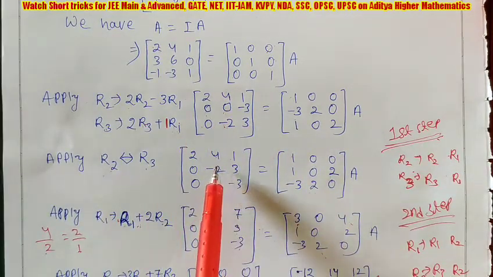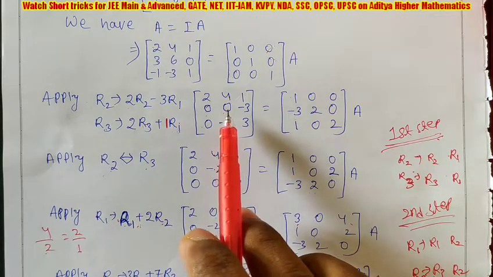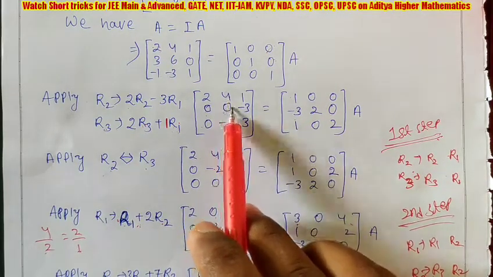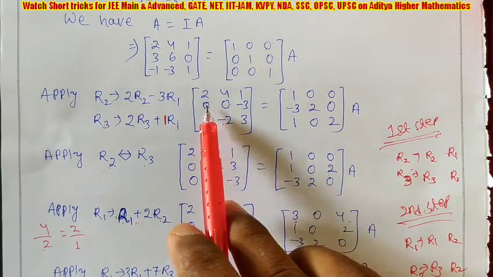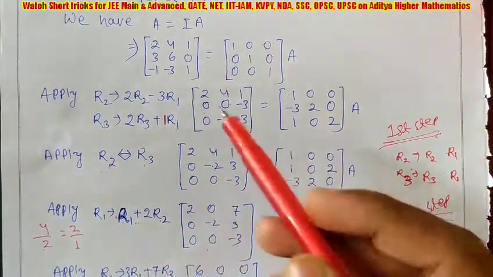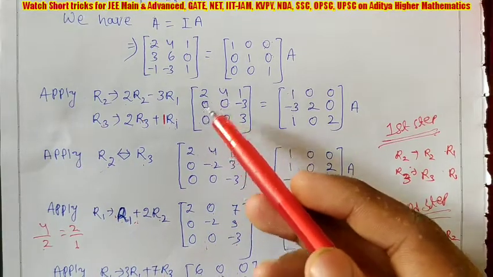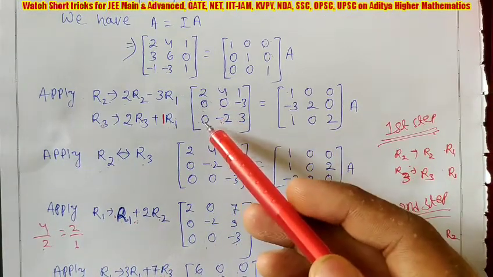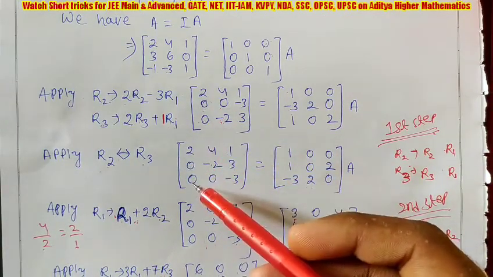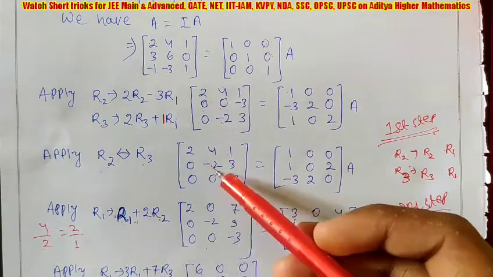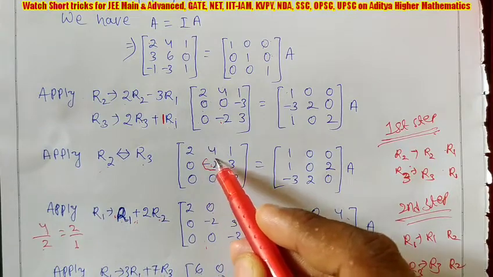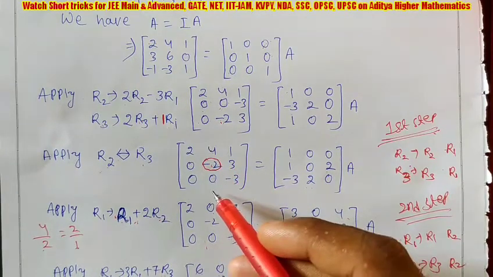And I told you why we don't change R1 and R2 here: because when you interchange R1 and R2, the 0 we already got, you will get non-zero again, and you will face a problem. But when we interchange R2 and R3, both 0 0 will interchange, and you will get the same 0 0, which is what we need. But here you will get 0 minus 2, interchange, minus 2 0, we got non-zero. And since we need 1 0, we got 0 1 0.